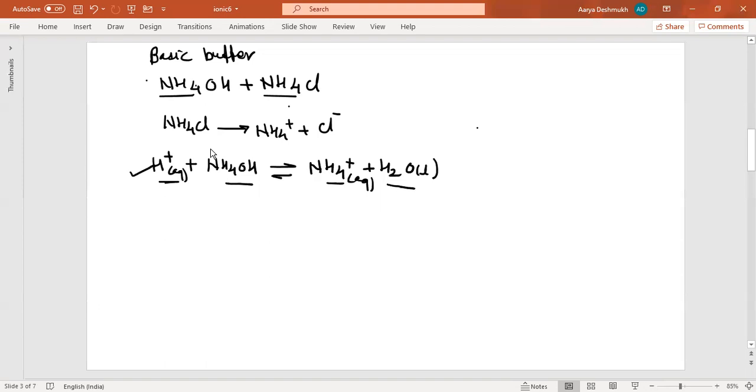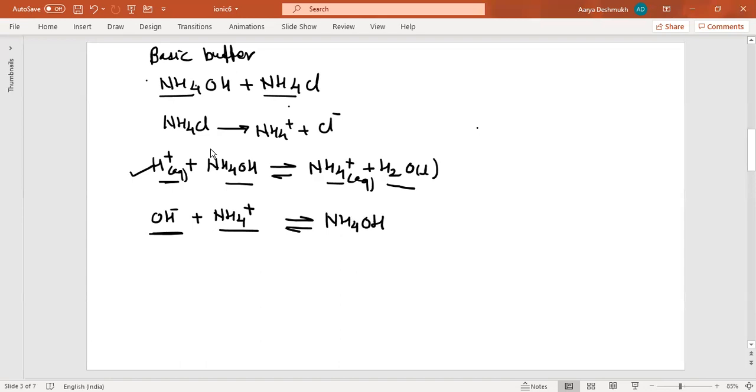Now when a small quantity of strong base is added, when you are adding OH minus ion, the hydroxide ion, which is a base here, will combine with the NH4 plus ions to form undissociated NH4OH.